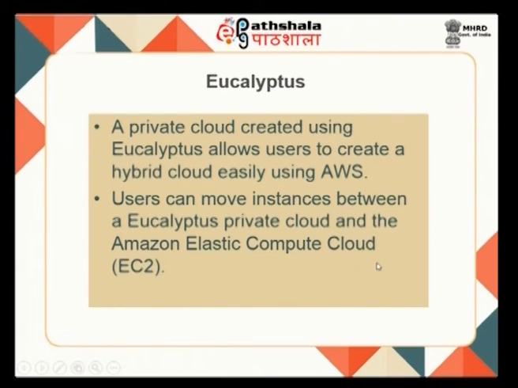So, this means that if one is building a private cloud using Eucalyptus, creating a hybrid cloud is one step ahead and easy, because of their collaboration we can use Amazon AWS, which is a public cloud, and integrate the two to create a hybrid cloud. It also gives CloudWatch, which is a service that allows users to set alarms, identify trends, etc.